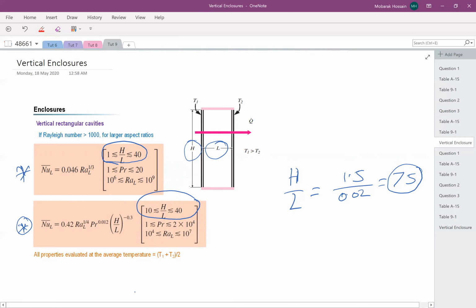Okay, there's no correlation for this ratio, there's no formula close to this ratio, but we will use the closest one. So the closest one is this one, 10 to 40, we'll use this one for the 75 because there's no available formula, so we'll use this closest one.